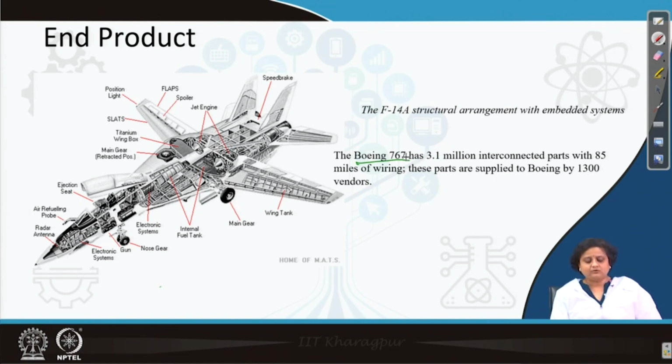Okay. And to just give an idea, the airframe of a Boeing 767 has 3.1 million interconnected parts with 85 miles of wiring. And these structural parts of this entire airframe come from around 1300 vendors.